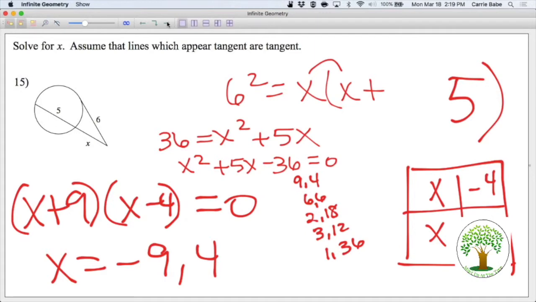Which one of these does not make sense based on the diagram up here? The negative 9 does not make sense because we're looking for a length. A negative value doesn't make sense. Mathematically, we are able to get a negative 9, but it doesn't make sense. So my answer is x equals 4.